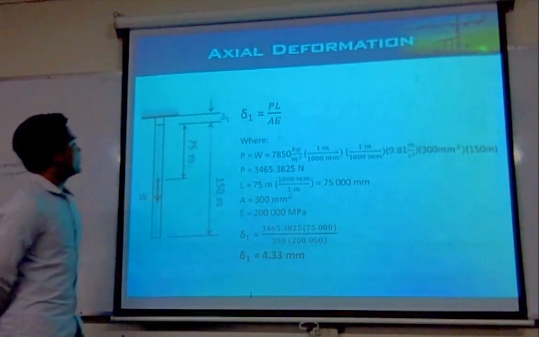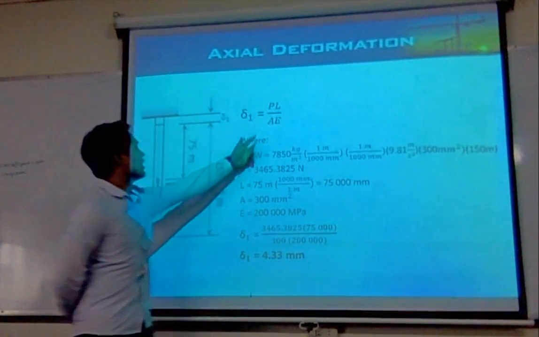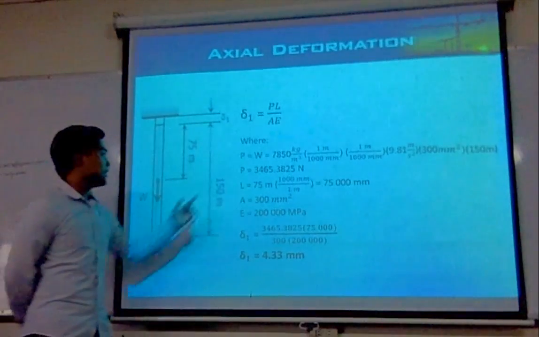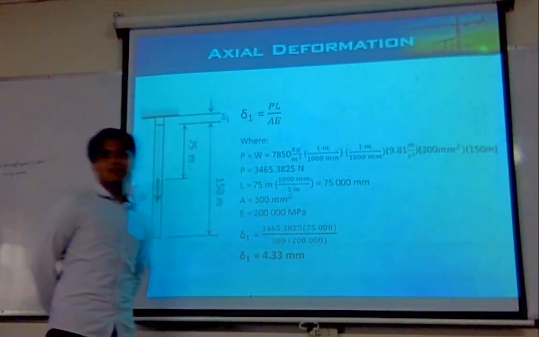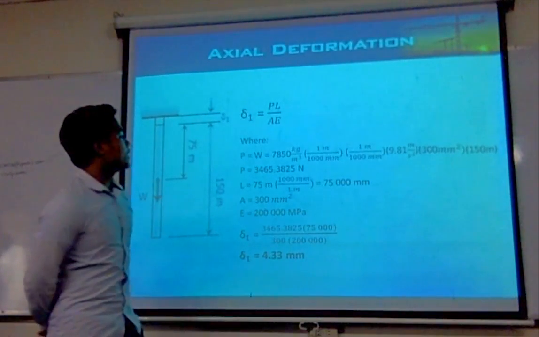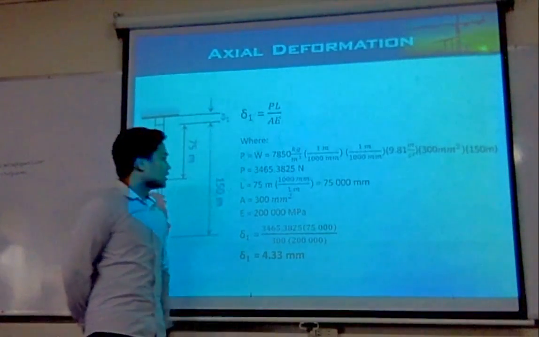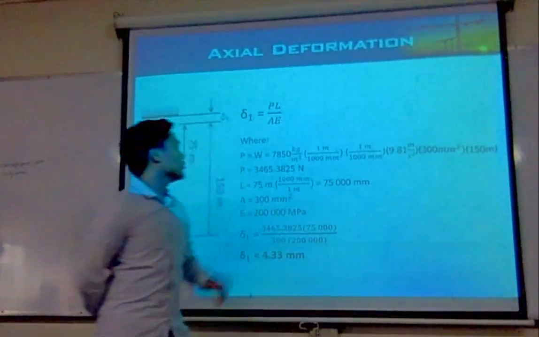So to solve for the first elongation, it is equal to the force times the length of the rod over the cross-sectional area times the elasticity. The force is equal to its weight, but take note that the given weight is in density, so we can convert it into newtons.